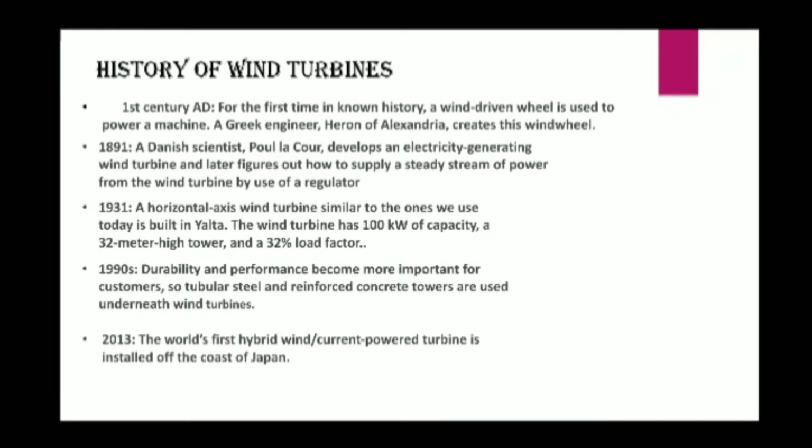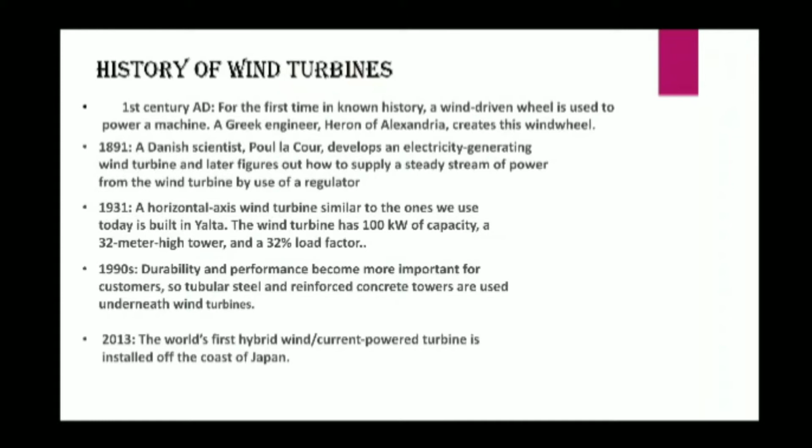In 1931, a horizontal axis wind turbine similar to the ones we use today is built in Yalta. The wind turbine has 100 kilowatts of capacity, a 32-meter high tower, and a 32% load factor.